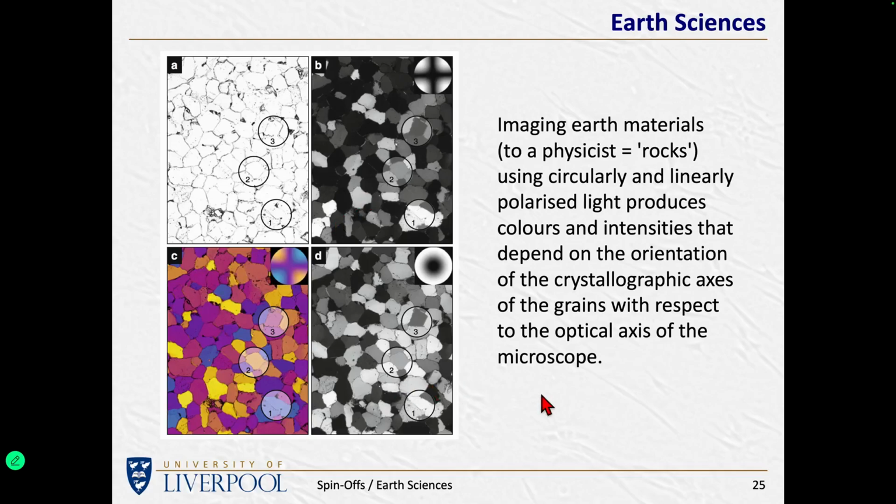But the point is that by analyzing images like this, of looking at the intensity of light through rock samples passed through polarizing filters, it is possible to extract information about what must be the orientation of the atoms in each of these little crystals, or crystallites, in order to give me the variation in intensities that I see when I pass the light through polarizing filters and change the angles of the polarizers.